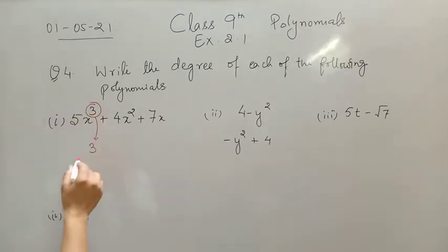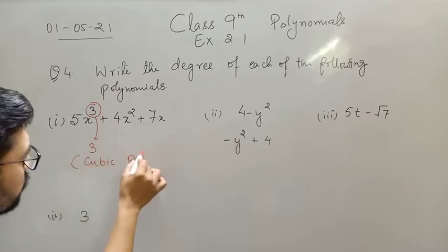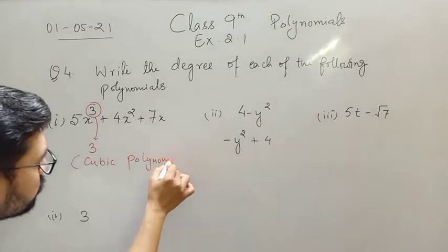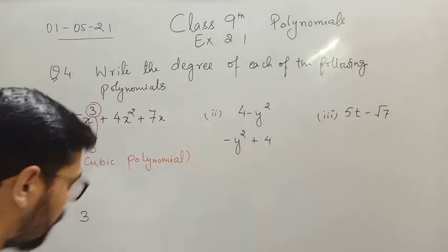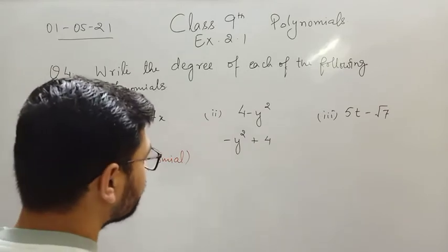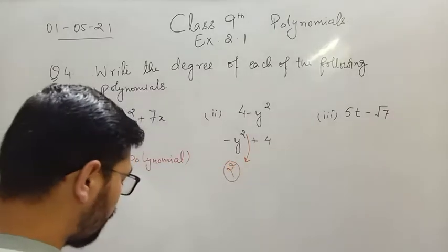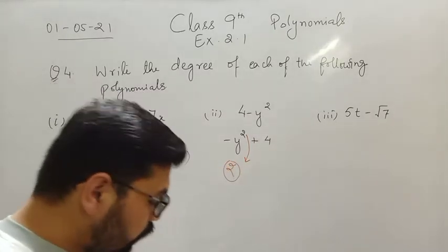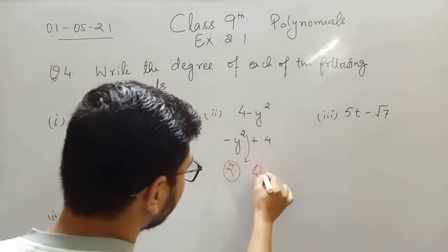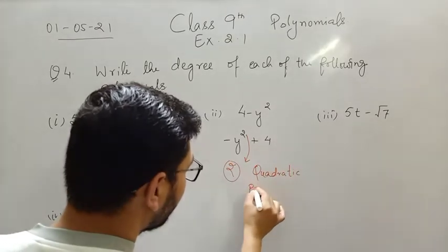The highest degree is 3, so this is a cubic polynomial. And this is square, so the highest degree is 2, and this is a quadratic polynomial.